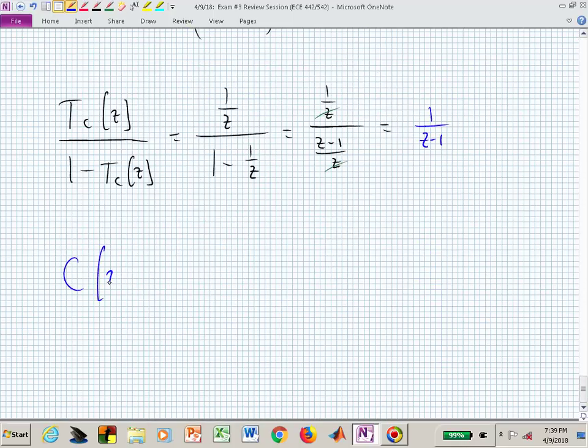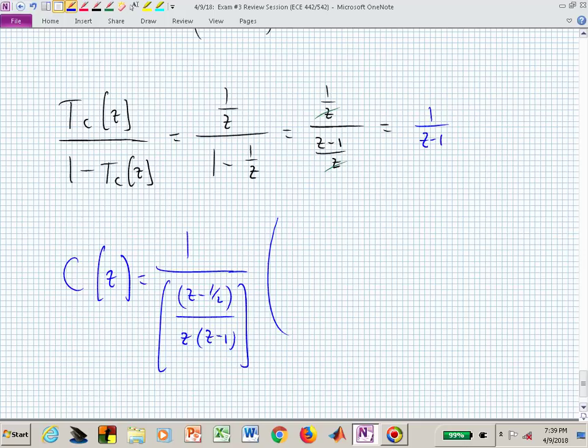And now we can use it. Now C of z is 1 over G of z. G of z was z minus 1 half over z times z minus 1, times T sub c over 1 minus T sub c.